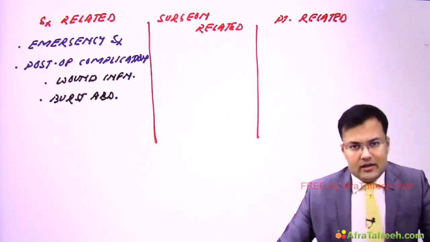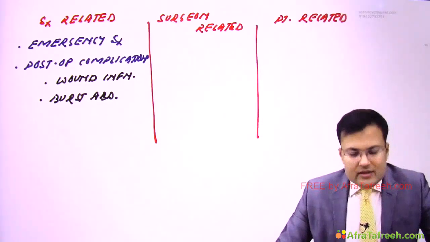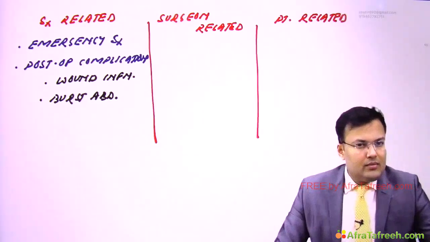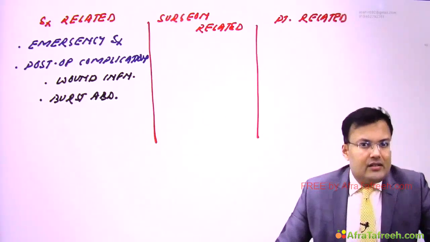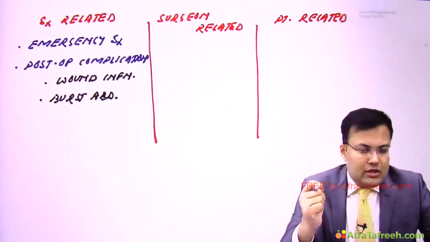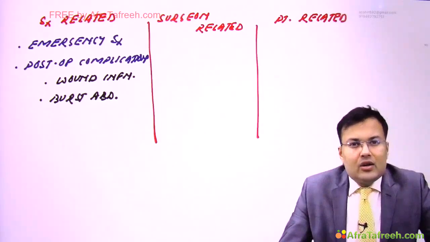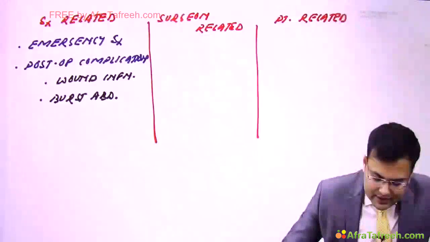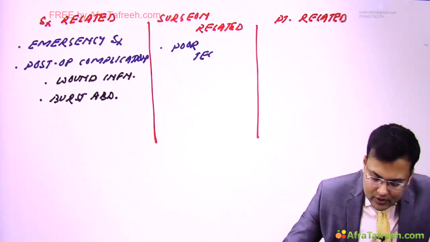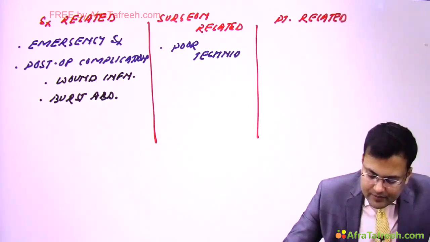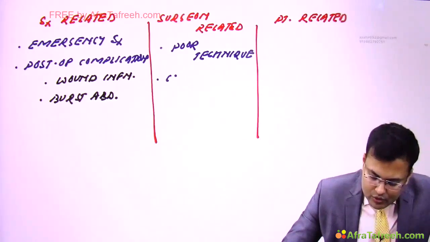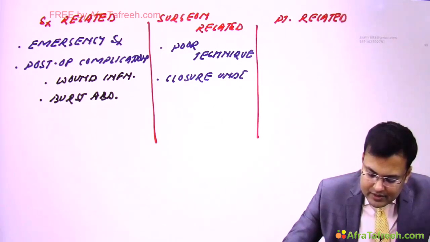Clear? Surgeon related. Suppose the surgeon's skill is not good, surgeon technique is poor, surgeon used absorbable sutures for closing the facial tissues, or there is closure under tension. So if there is poor technique of surgery, closure was done under tension, so closure under tension.